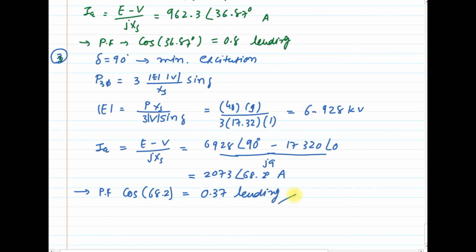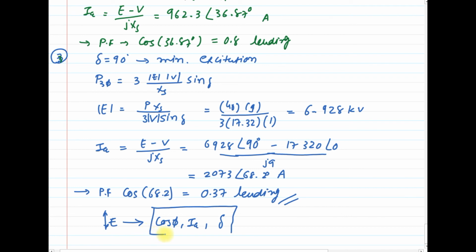Clear? So for the same example, you have to write down the conclusion with varying this excitation voltage or generated EMF. What will be the effect on the power factor cos phi, armature current IA, and the power angle delta?